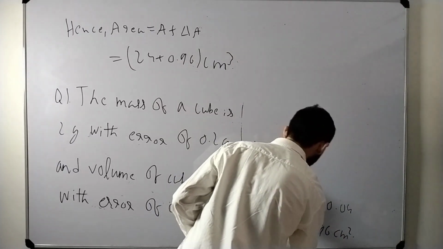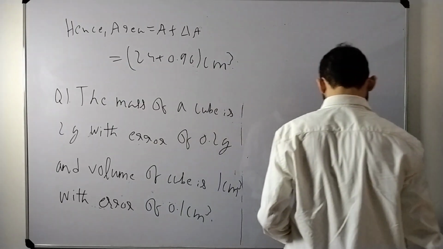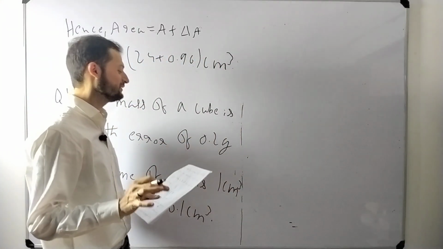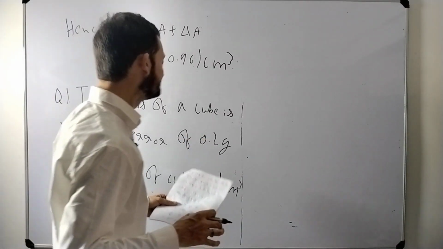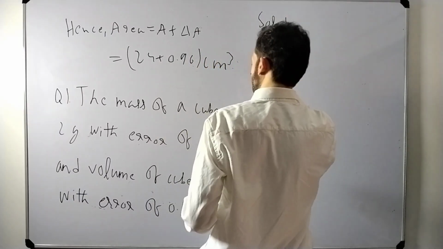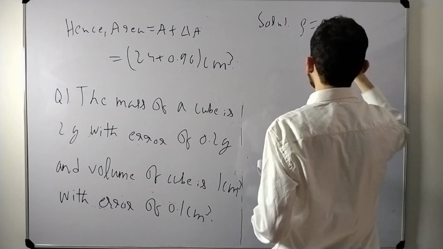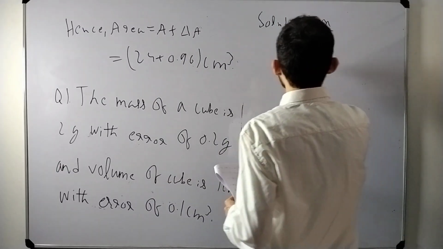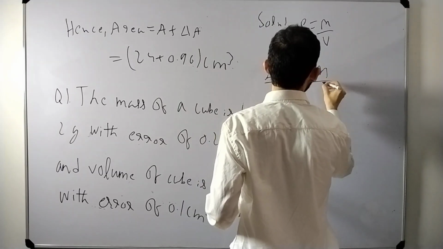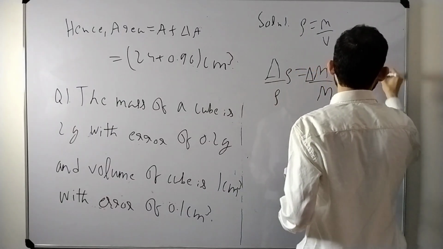So you think of yourself now, how would you calculate the percentage error? Sir, let us calculate the density first. Yes, definitely, students. We're gonna calculate density here. Rho is m upon v, and this becomes del rho upon rho is del m upon m plus del v upon v.